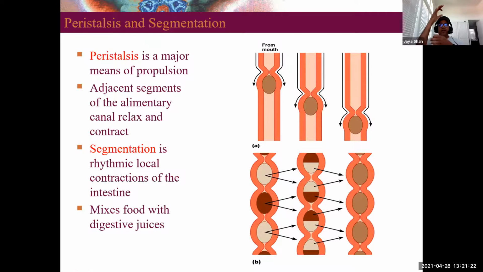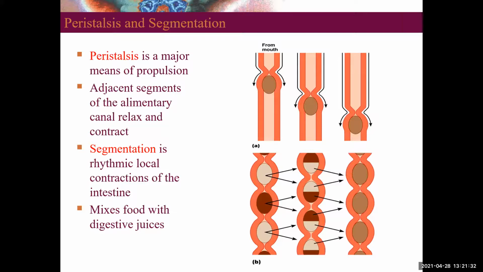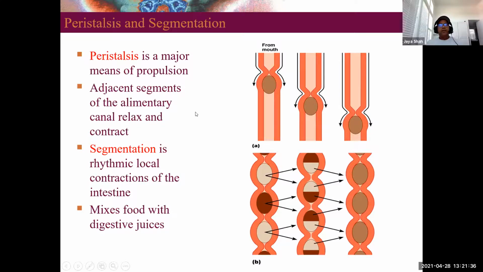That's why it is squeezing the content through the GI tract. It is the involuntary rhythmic contraction, and the adjacent area is relaxed so that the food contents go down.